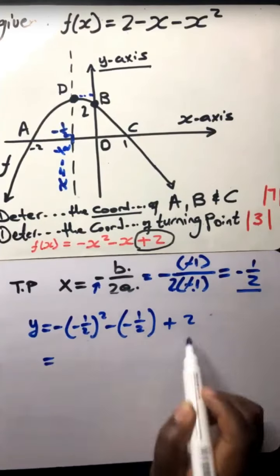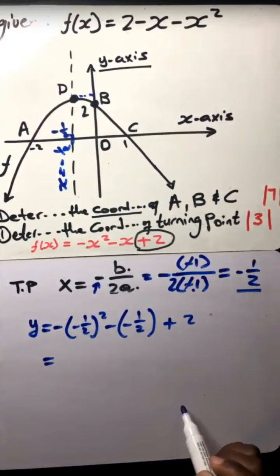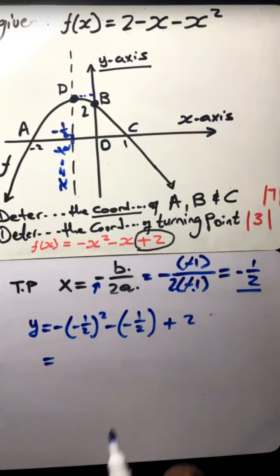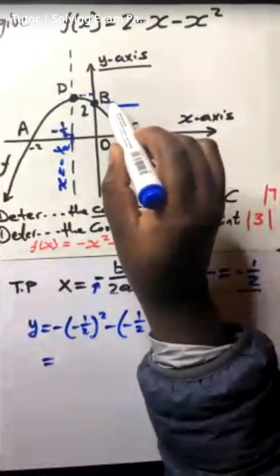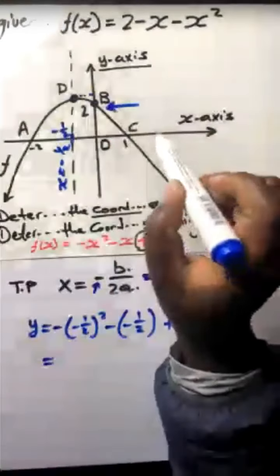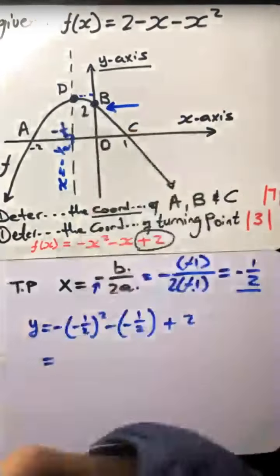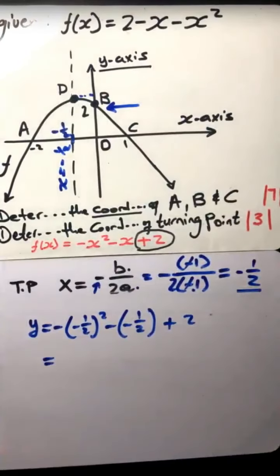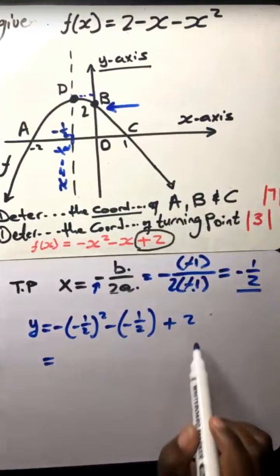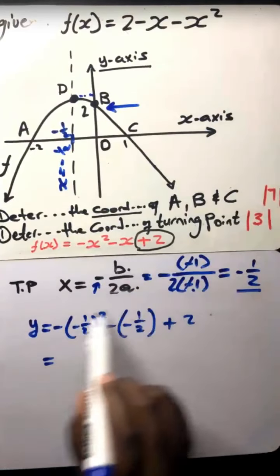So what is that, guys? And for you to know that you've done a correct calculation, you must get a number which is above 2. Why? Because the turning point is above the y-intercept. Very, very much important, ladies and gentlemen. So what answer are you getting when you punch all of that?